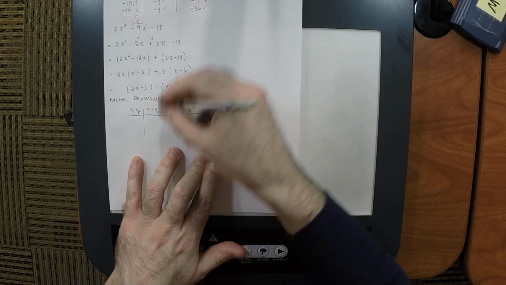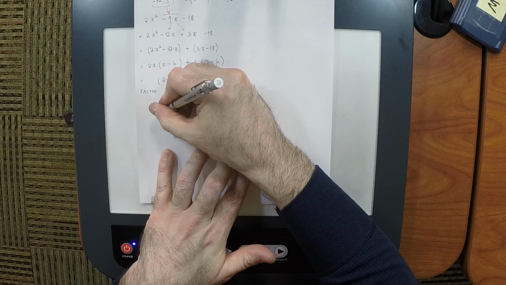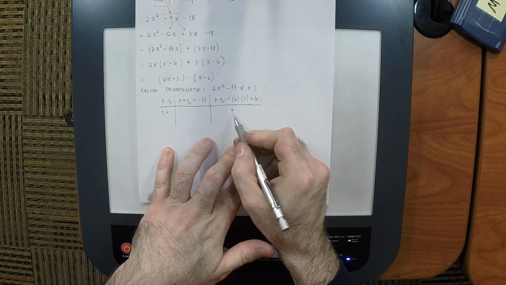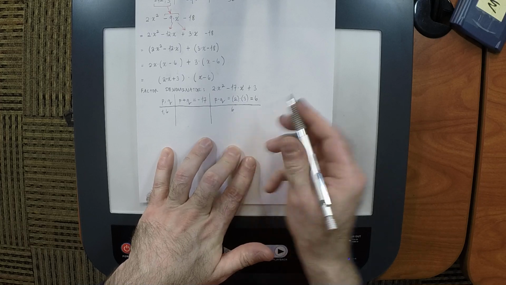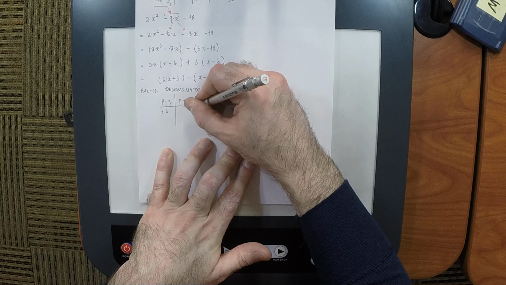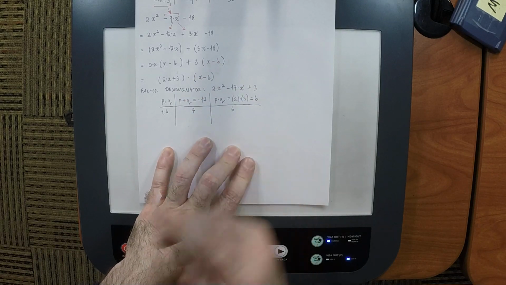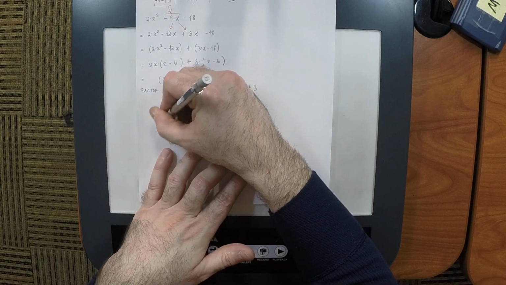So, writing it down, I could say, well, I'll try 1 and 6. Now that has the virtue of giving 6. That's good for the product. But for the sum, that's 7. That's not going to work because, among other things, the sum doesn't even have the correct sign. So I'll try, well, okay, how about -1 and -6?